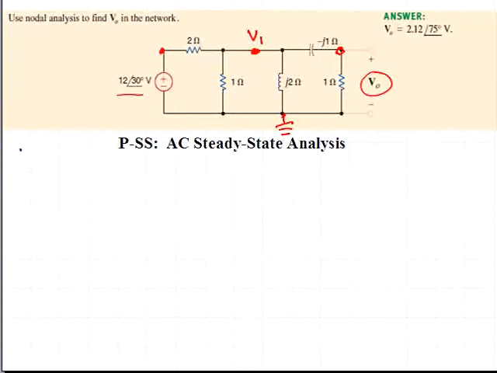So if we do the Kirchhoff's current law at node V1, we'll have V1 as a phasor times the sum of the reciprocals of the impedances, or the sum of the admittances of all the terms connected to that node.